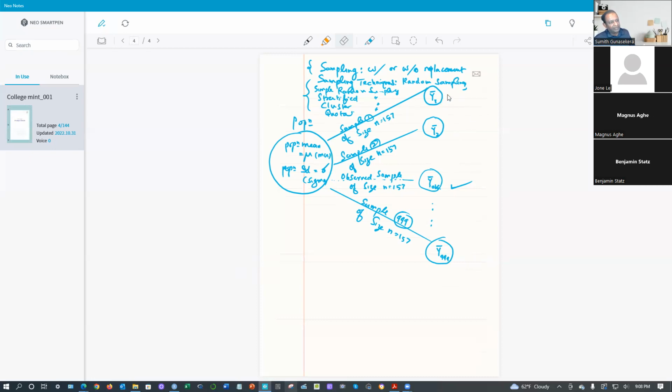We assume that if 1,000 people have done this differently but with the same sample size, they go to the same population and pick the sample, with or without replacement, doesn't matter. Everybody uses the same sampling technique, say with replacement and stratified sampling, set up ahead of time, picking the same number of subjects from the same population.